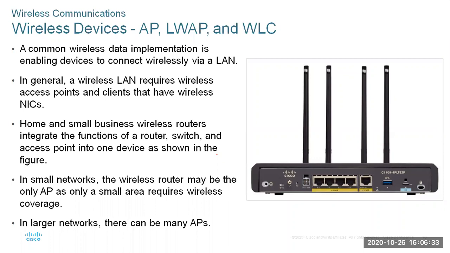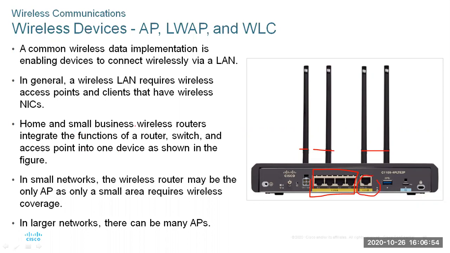You see, this is like a wireless router, and this is the antenna. These are the Ethernet ports that you will connect to your network. So this is like the one aspect.